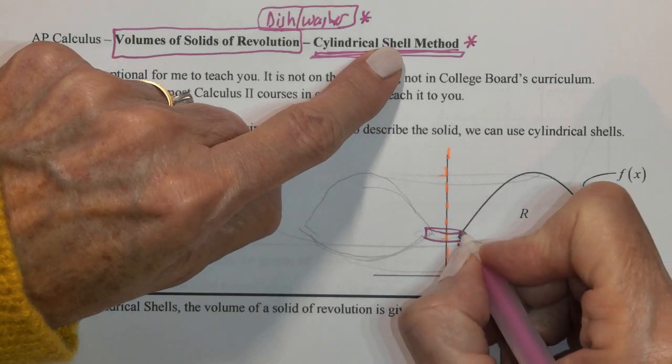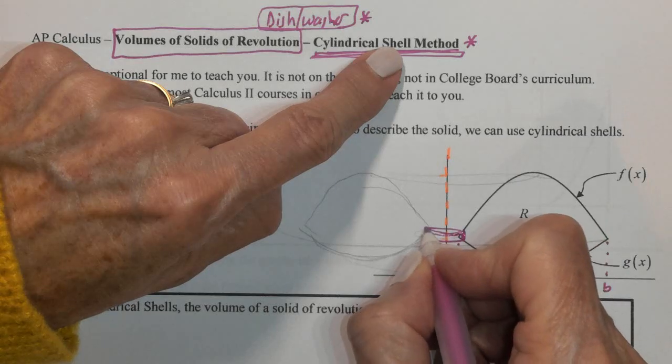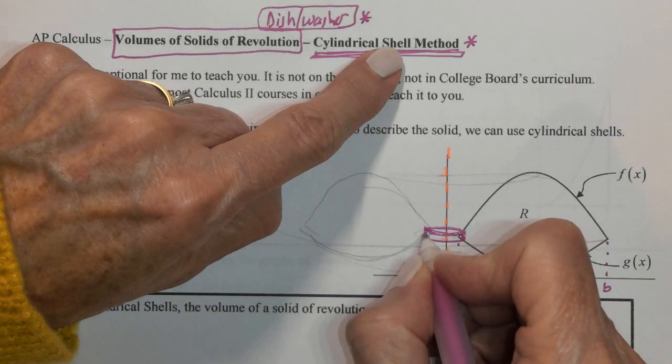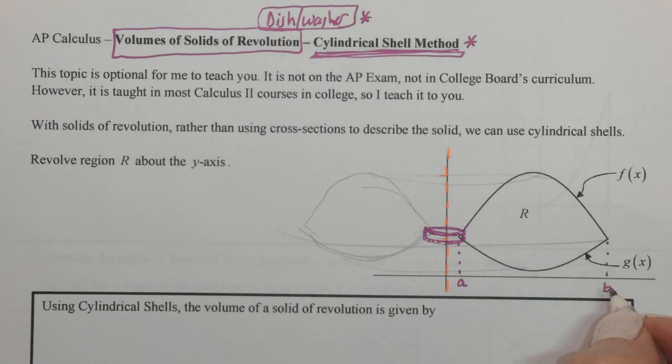If I give that a little thickness, then when I revolve it, that revolution has a little thickness, right? And anything with thickness, I can find the volume of. So what is the volume of that cylindrical shell?